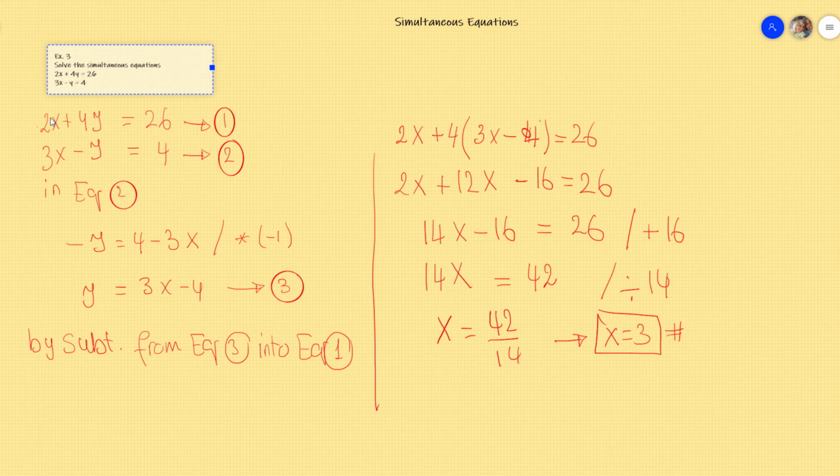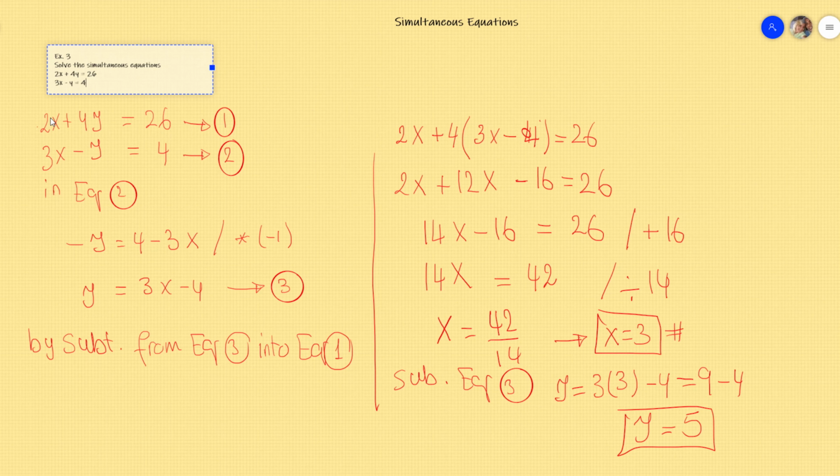Then by substituting in equation 3, we will have that y is equal 3 times 3 minus 4, equal 9 minus 4. So y is equal here 5. So we got that x is equal 3 and y is equal 5.